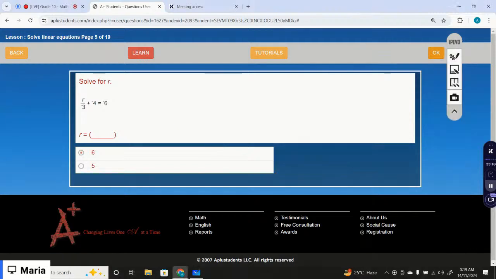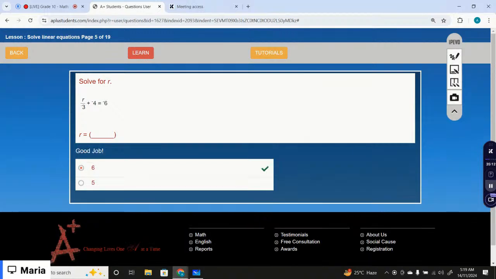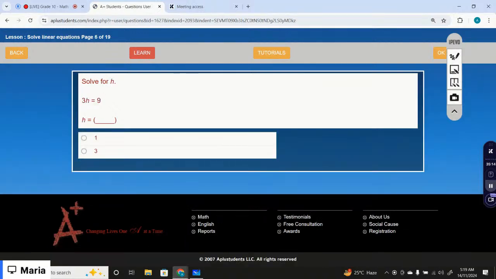Option number 1 is the correct option. Solve for h. So which is the correct option?